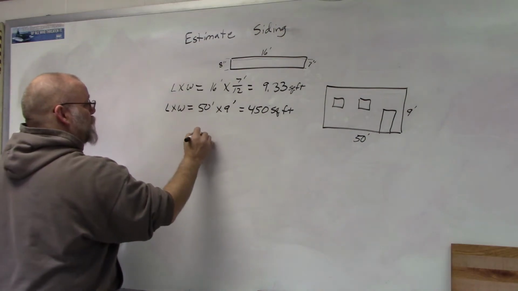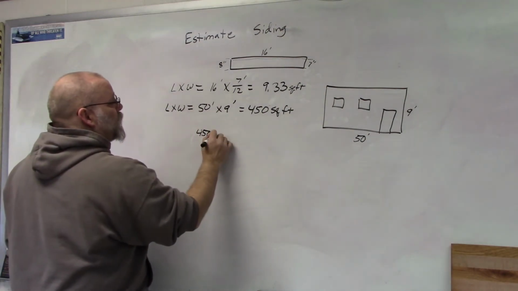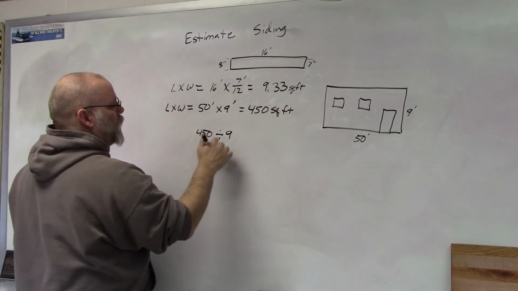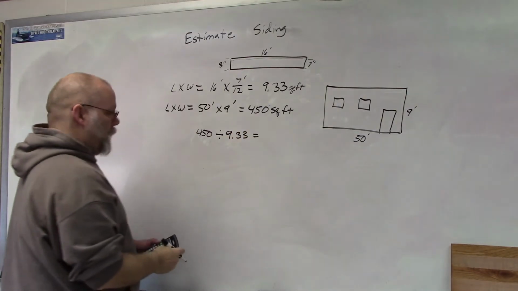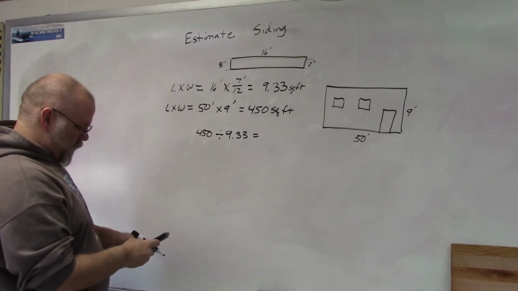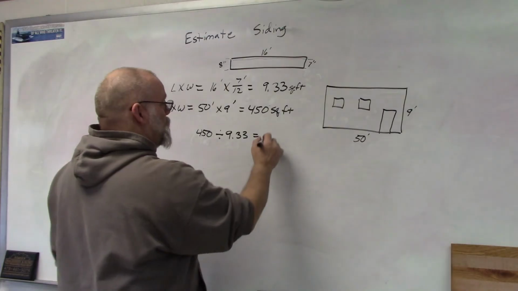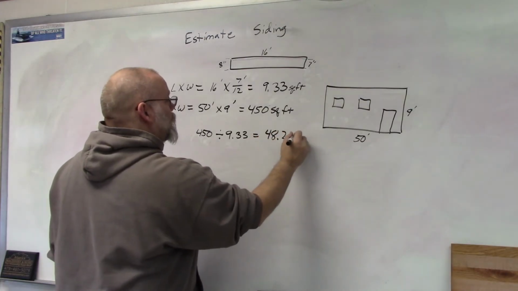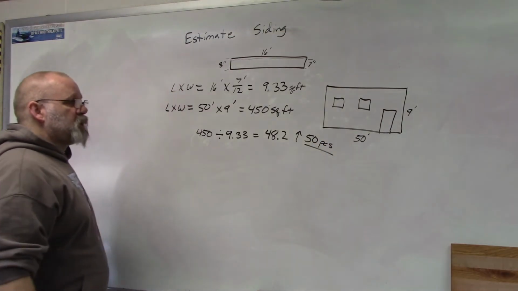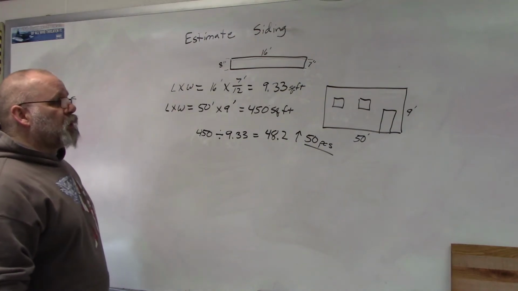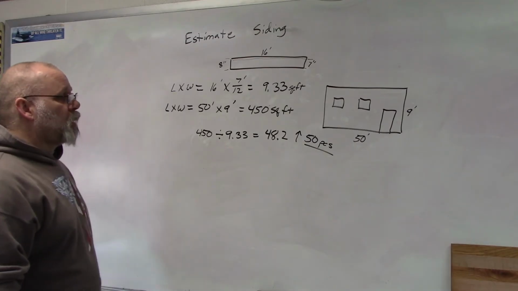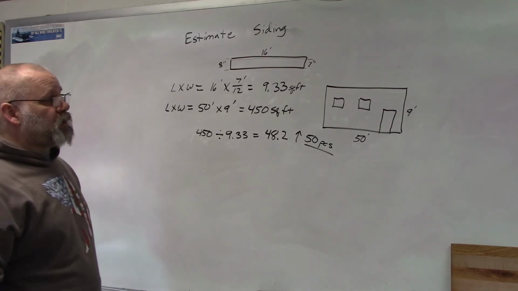Then we take the 450, the whole, divided by the 9.33, and that gives us 48.2, rounded up to 50. We would need 50 pieces of siding to side that.